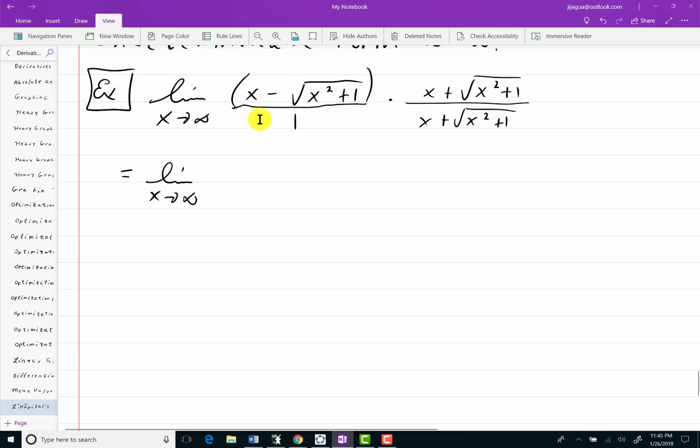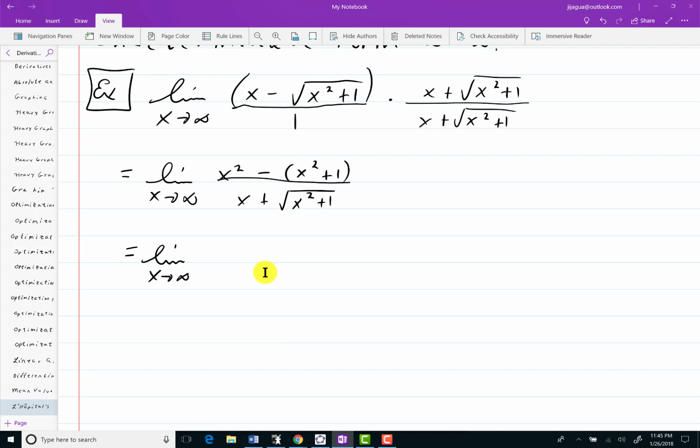So you're going to have this squared, x squared, minus this quantity squared. Now, in the numerator, the x's go away completely. And we have negative 1 divided by x plus the square root of x squared plus 1.